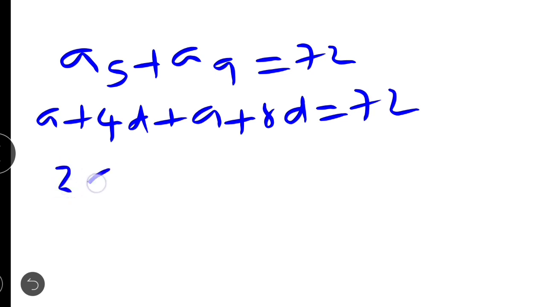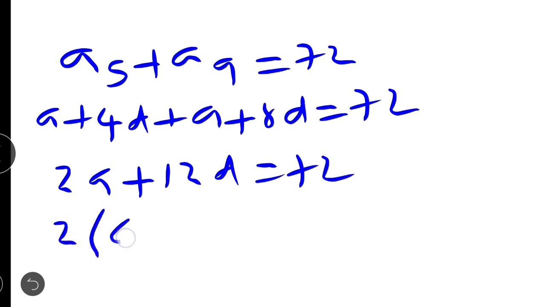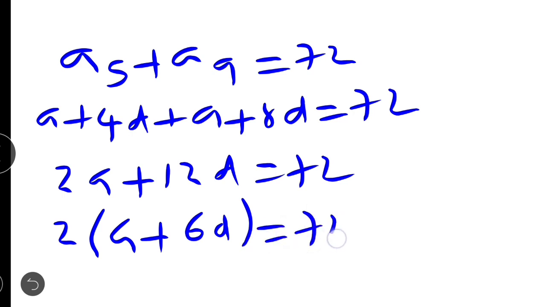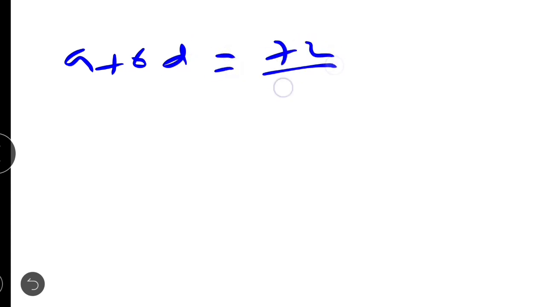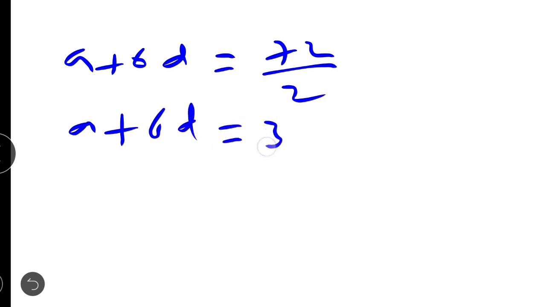A plus A is 2A, 4D plus 8D is 12D, equals 72. Here we can take 2 common, so A plus 6D equals 72 divided by 2. So A plus 6D equals 36.